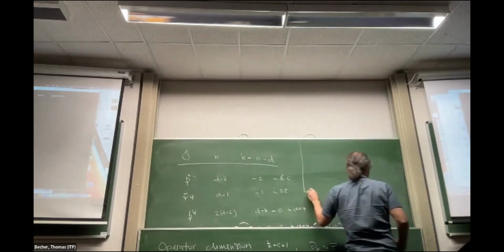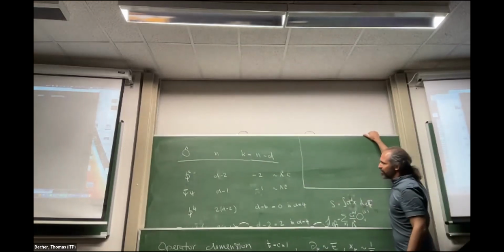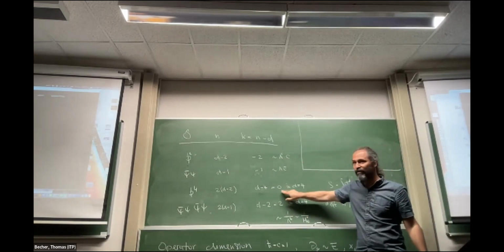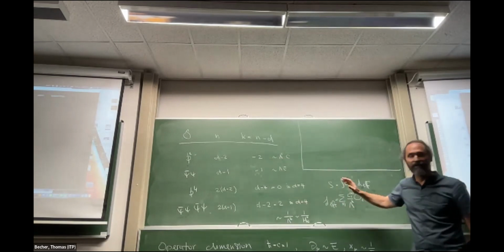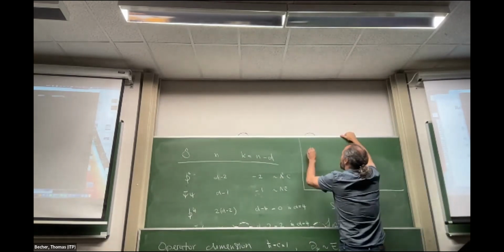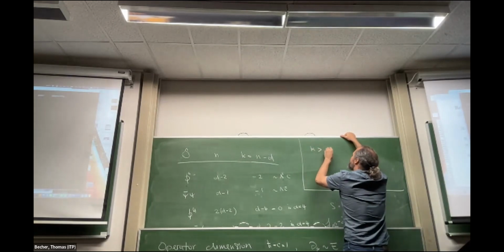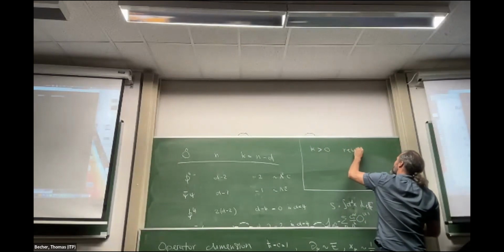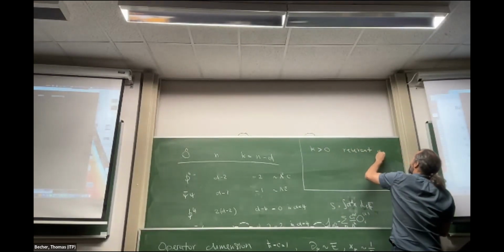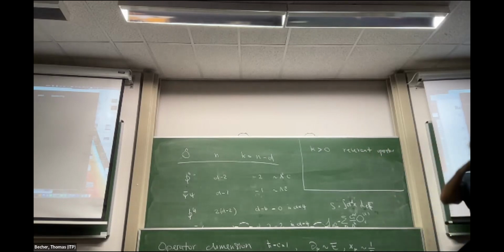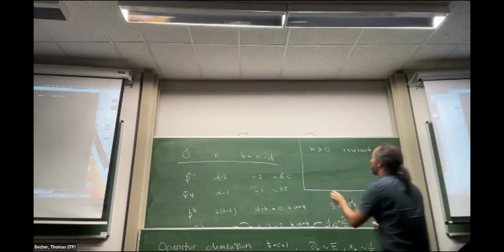Now, depending on whether things scale with a positive, negative, or dimensionless power, these operators have different names, also from Wilson. If the K is larger than 0, this is called a relevant operator. It means that as you start integrating out the high energy physics, this becomes larger and larger.